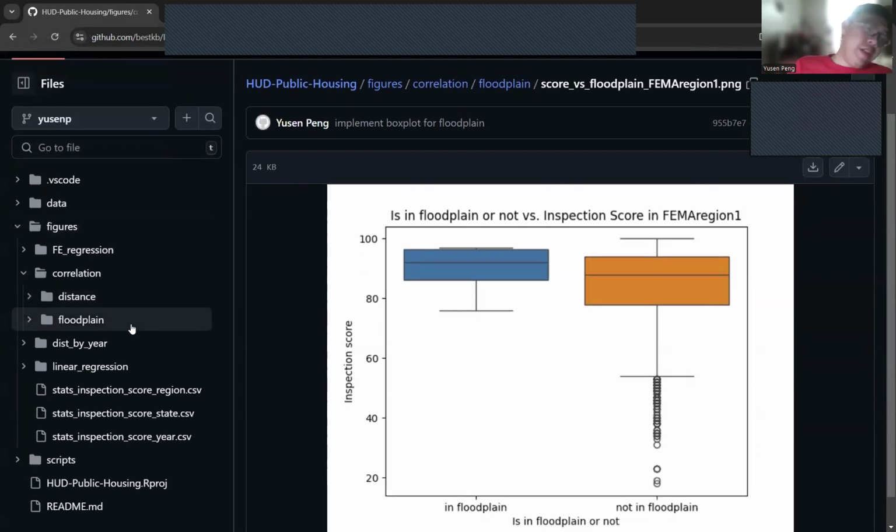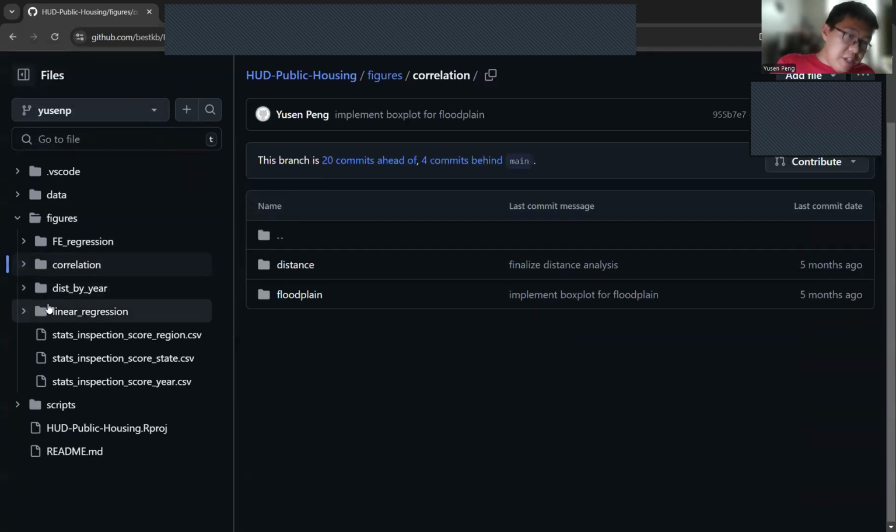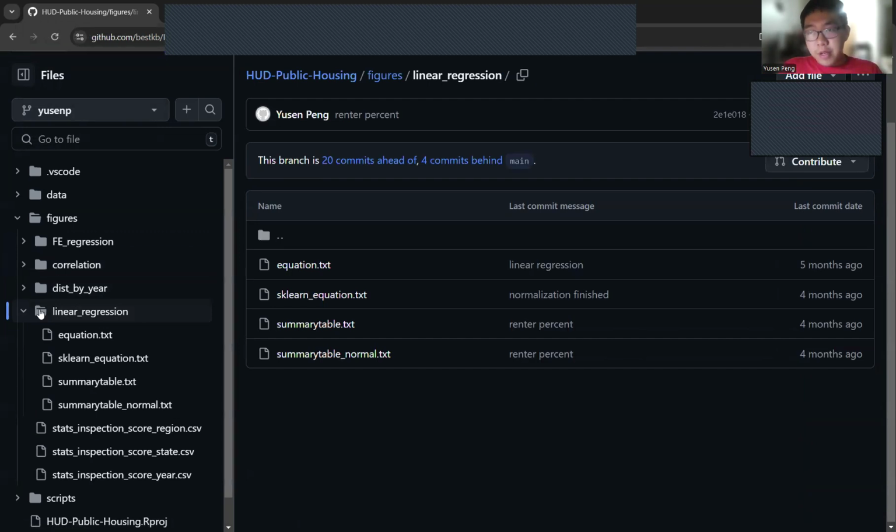With that being said, let's go to the repository. Under figures, there is a folder called linear regression, which, surprisingly, is about linear regression. One interesting thing I did last semester was first use sklearn, the standard machine learning library, because I'm a CS major and more into sklearn.